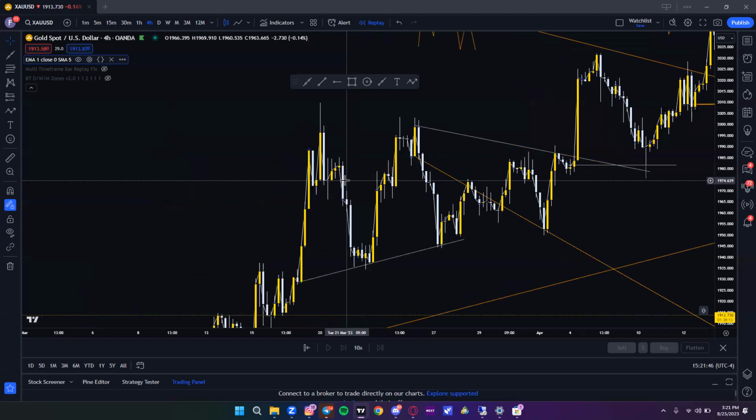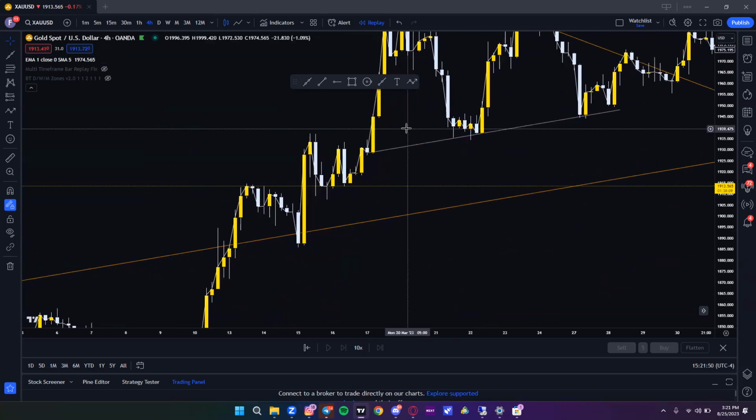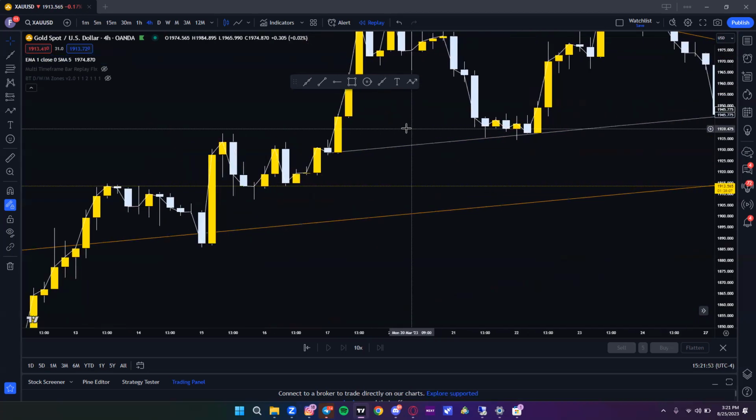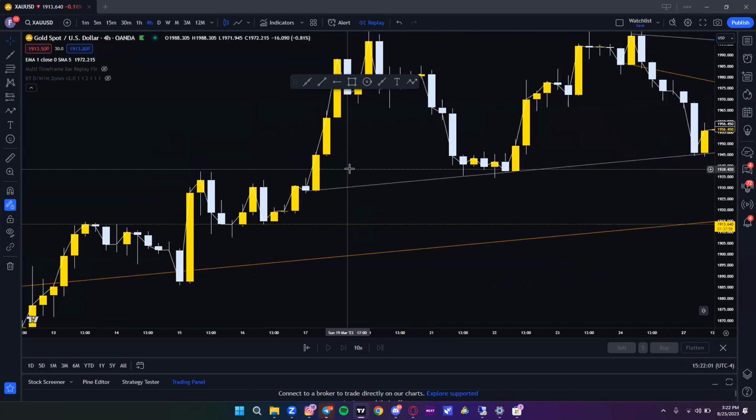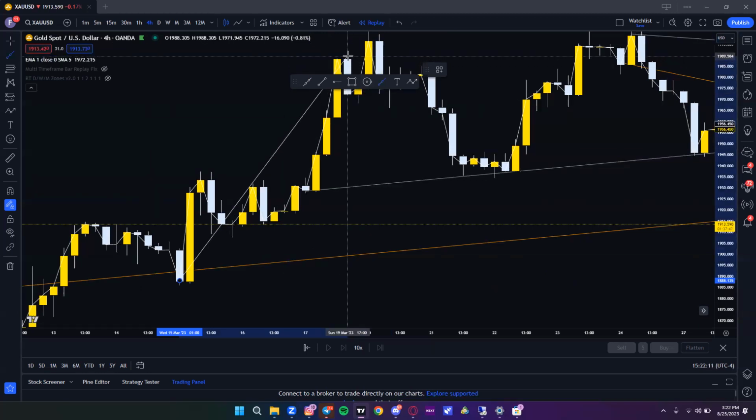Sorry, I'm having a little bit of difficulty finding these because I didn't really see them this week. One second. It's just a T2.